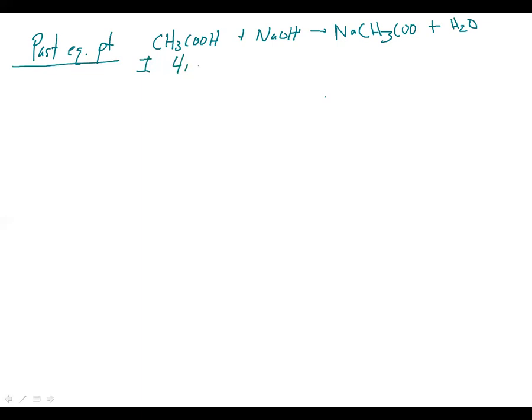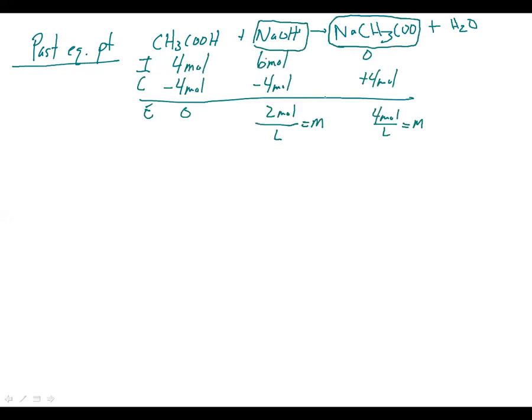And that means that we will end up with 0 of the acetic acid. We'll end up with 2 moles of our sodium hydroxide, 4 moles of our acetate. We have some sodium. And when you look at those two things, you can see that this is not a buffer.